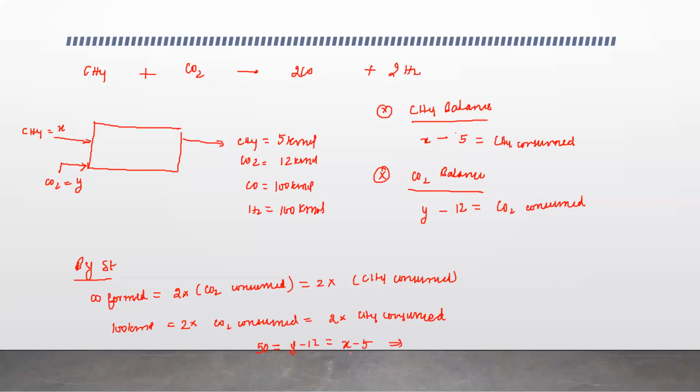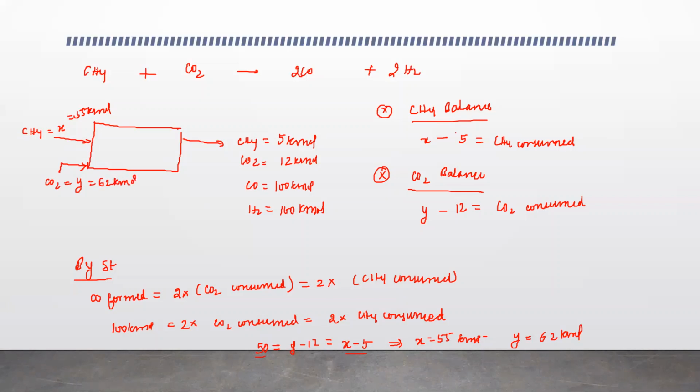So when you equate 50 and X minus 5, you will get X as 55. That is CH4, 55 kilomole. And then when you equate 50 and Y minus 12, you get Y equals 62 kilomoles, which is CO2.